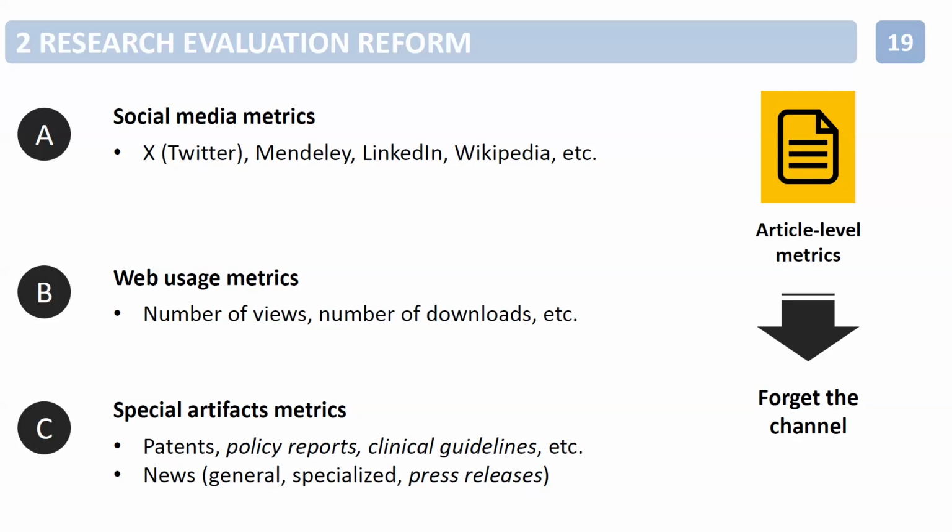So applicants can collect data from social media metrics, can collect data from specific platforms, for example, the publisher website, the university website, repositories, and collect web-based metrics, for example, the number of downloads or any other similar metric, to prove that the article experienced some kind of engagement with the audience or any kind of interactivity or use by the community.